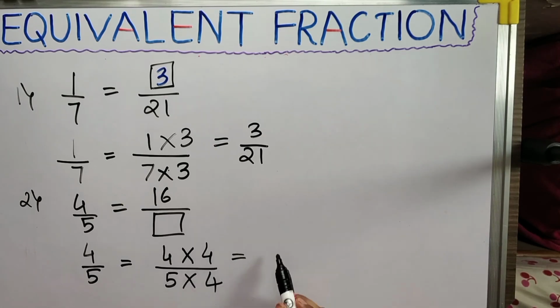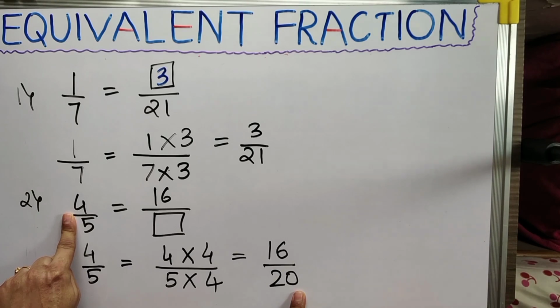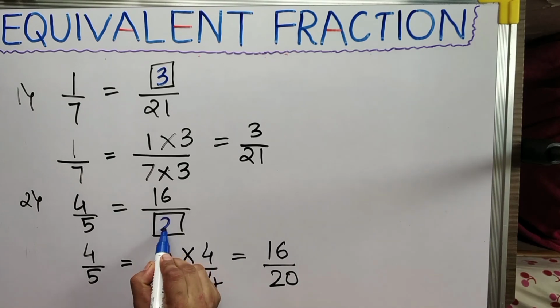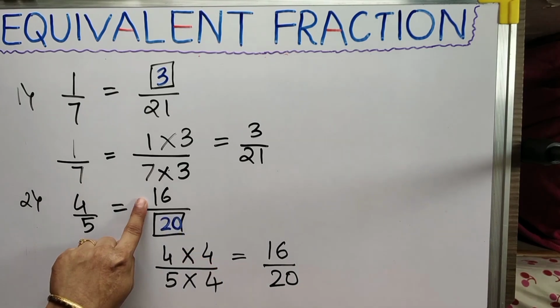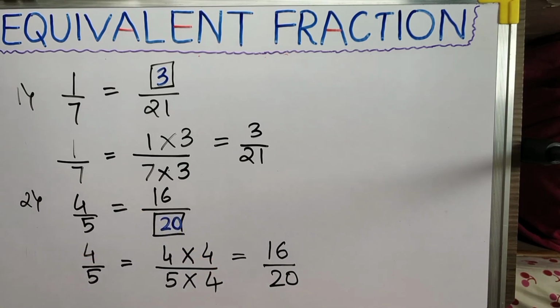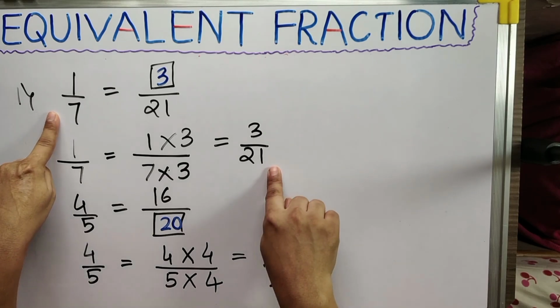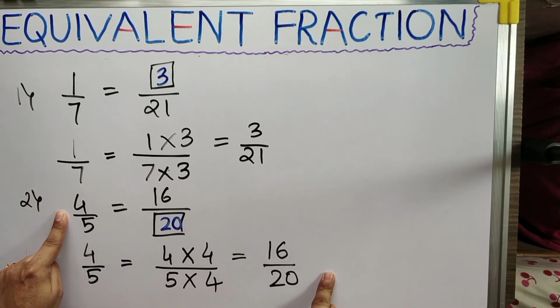So 4 4s are 16 and 5 4s are 20. So again we made the fractions equivalent. So 4 upon 5 is equal to 16 upon 20. So the answer is 16 upon 20. Clear with how to make the fractions equivalent using multiplication?